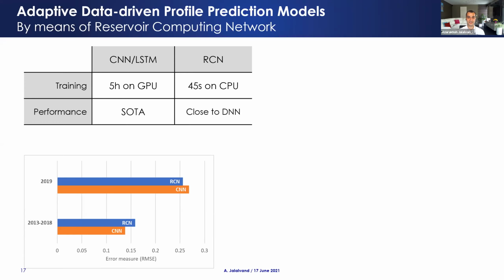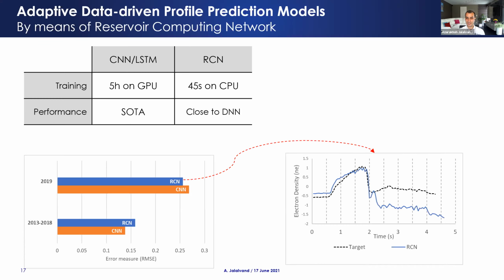And you know, this seminar is being held in the Center of Energy and Environment, so we care about these things, right? So why should we waste a lot of energy, like 5 hours of energy of this HPC, when we can do the same thing with only 45 seconds of CPU? So that's one reason. The second reason, we will see a bit later.